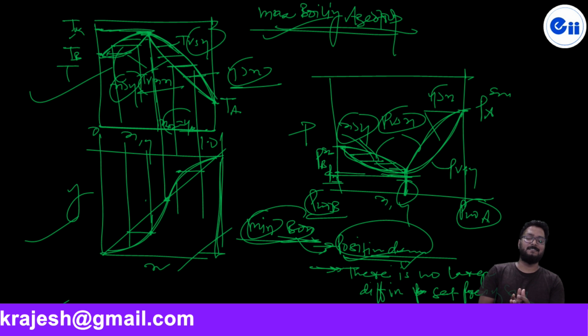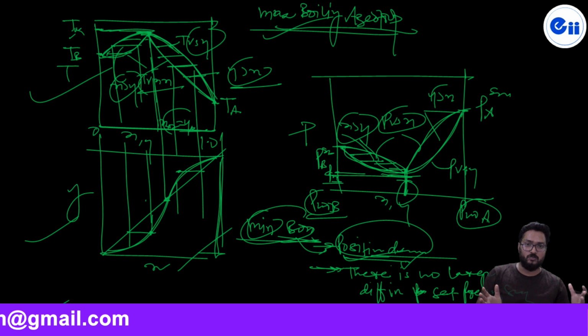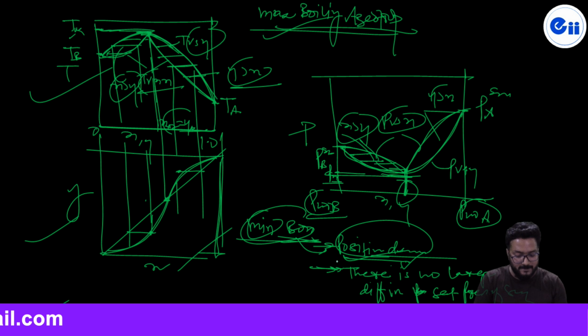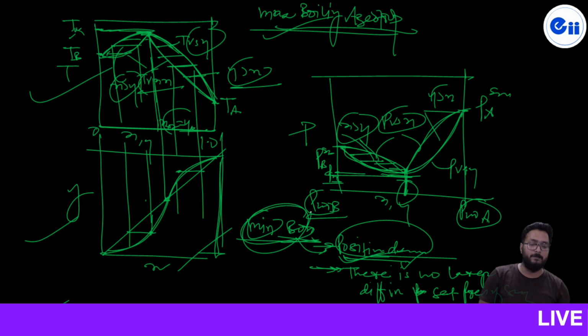If the difference in the saturation pressure of our species is not so large and the mixture indicates positive deviation from ideality, this type of solution will indicate the minimum boiling azeotrope.